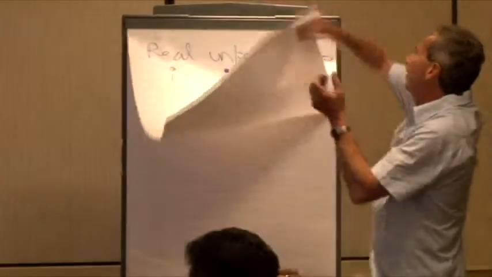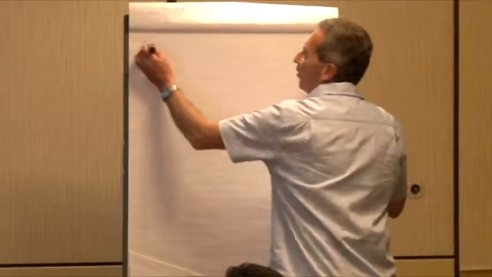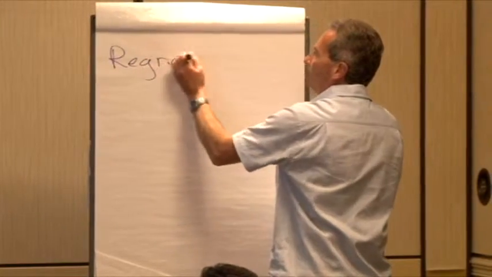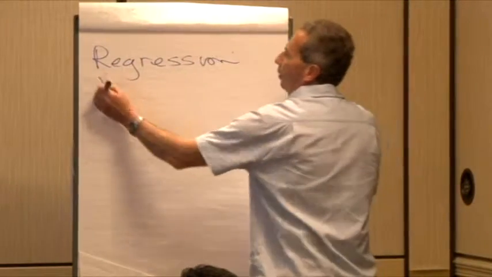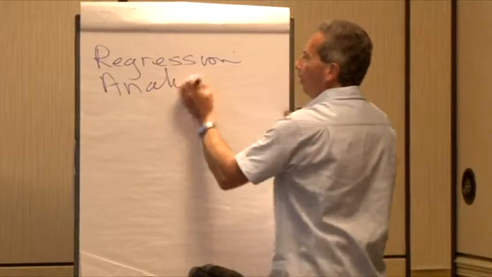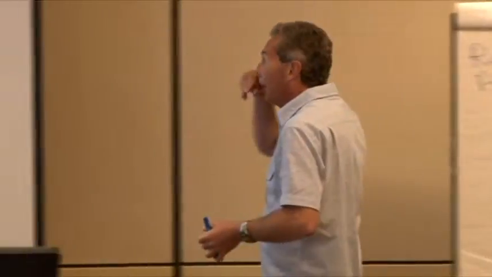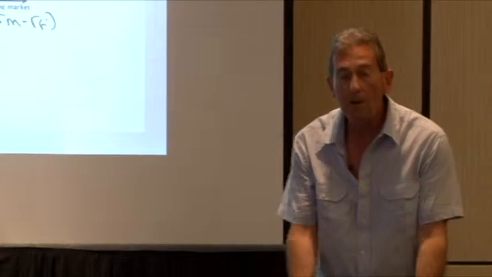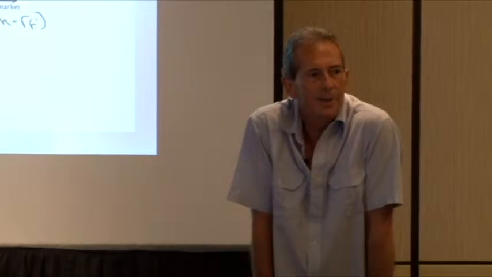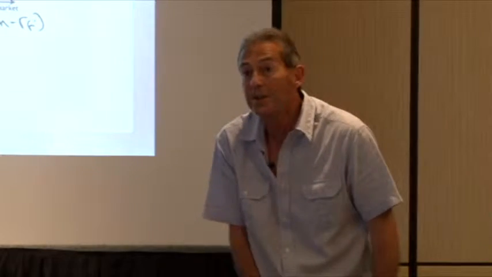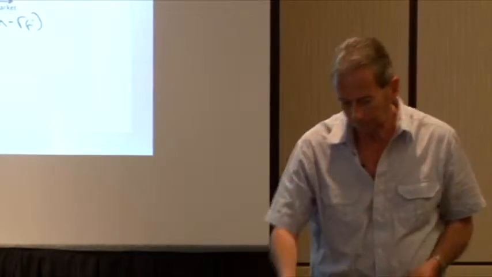And that technique, I guess some of you know, is referred to as regression analysis. That's the technique that tends to be used quite a lot in this area and probably in lots of other areas as well.